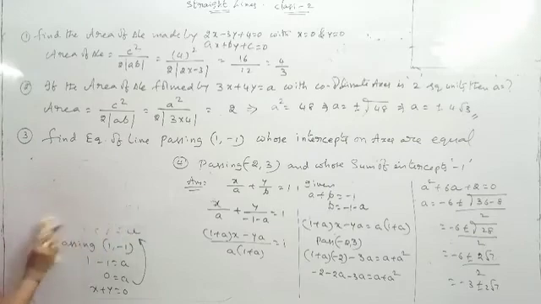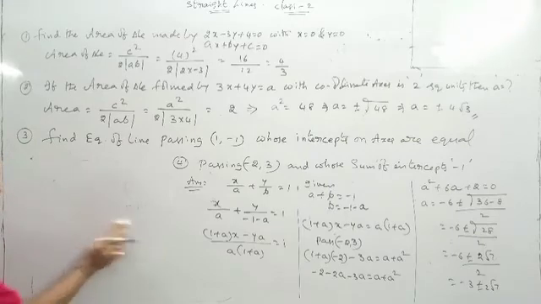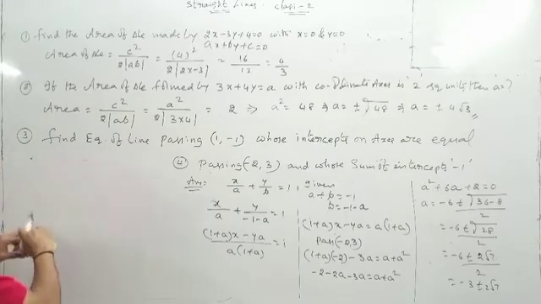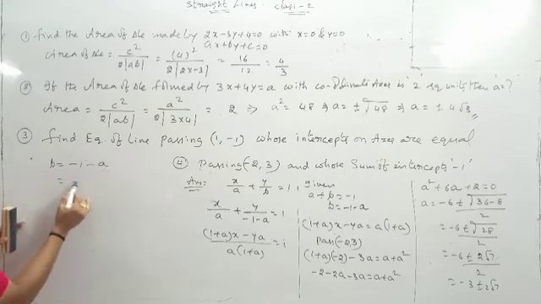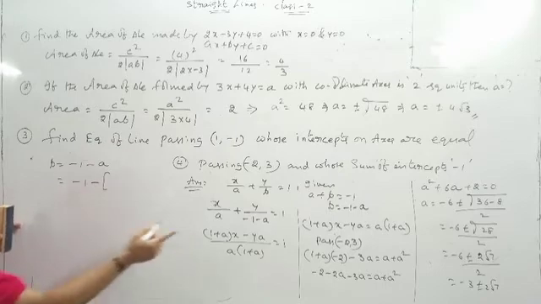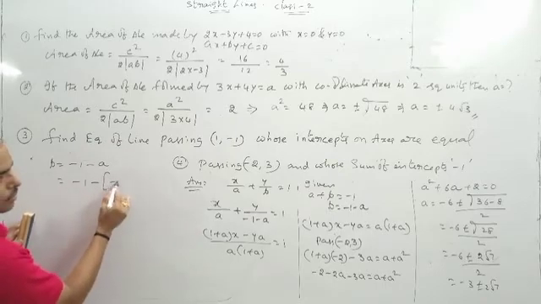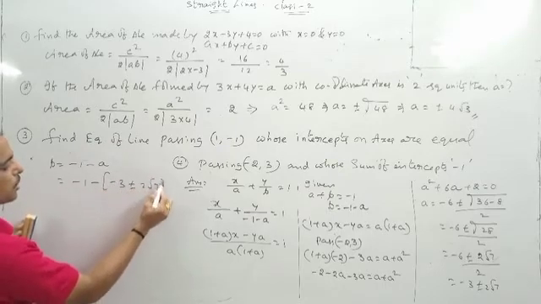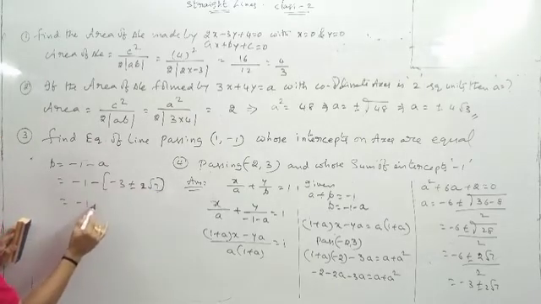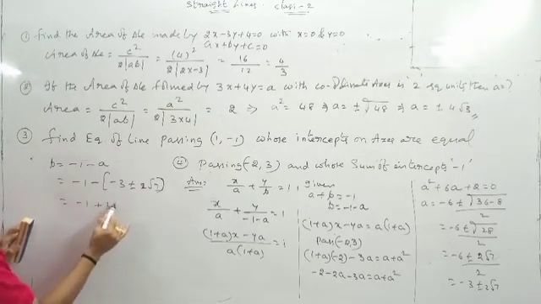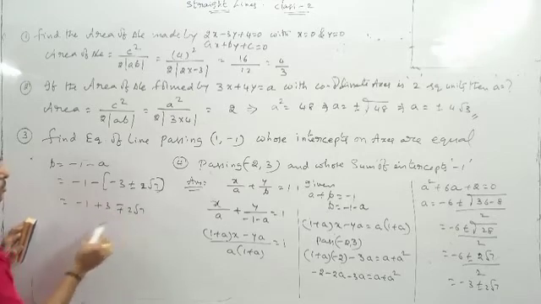I am doing here. So b value is equal to, b is equal to minus 1 minus a. So minus 1 minus of minus 3 plus or minus 2 root 7. So that is minus 1 plus 3 minus or plus 2 root 7.